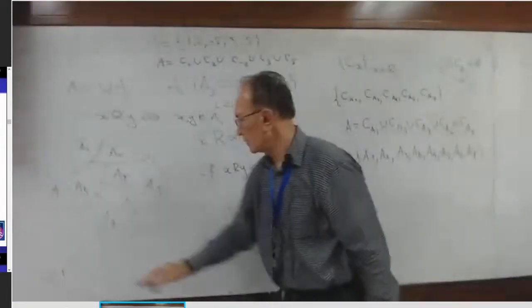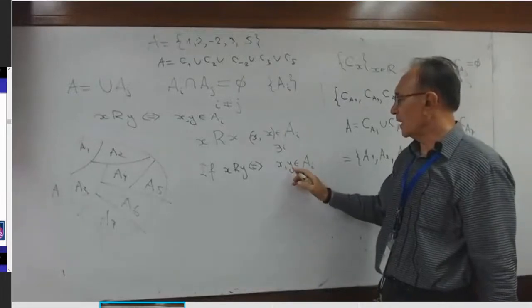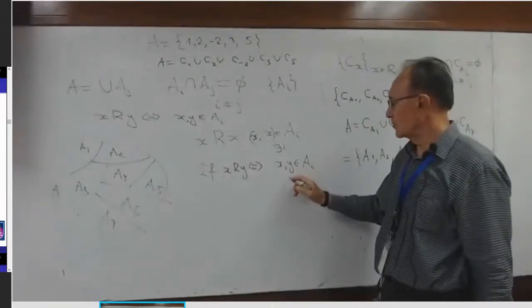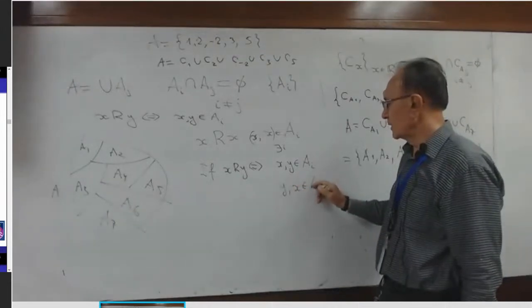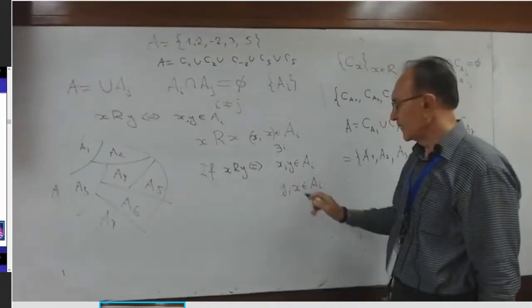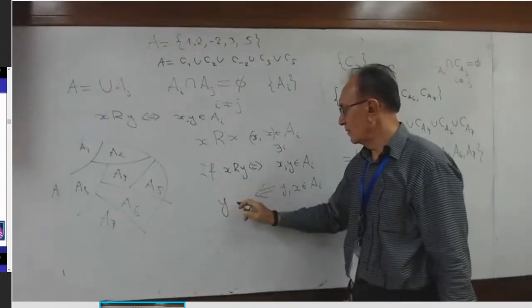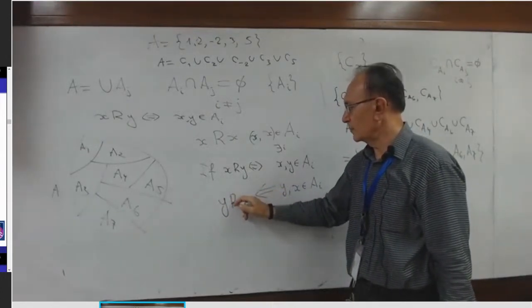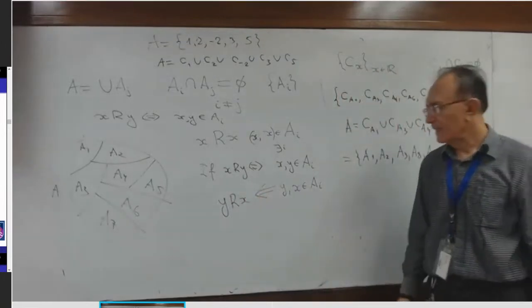Now, if X, Y are in Ai, I can write Y, X also in Ai, right? But this means Y is related to X. So symmetricity holds.